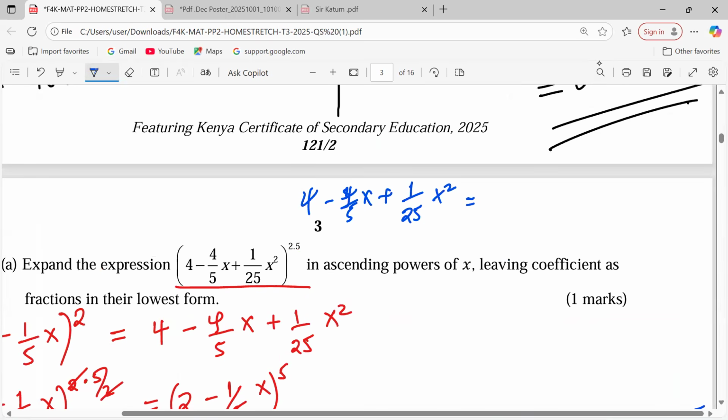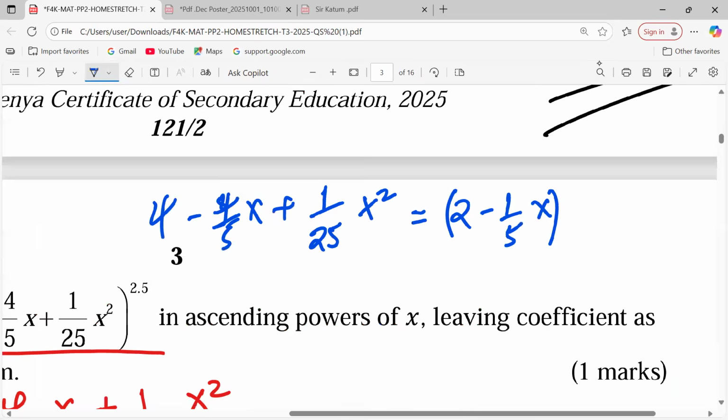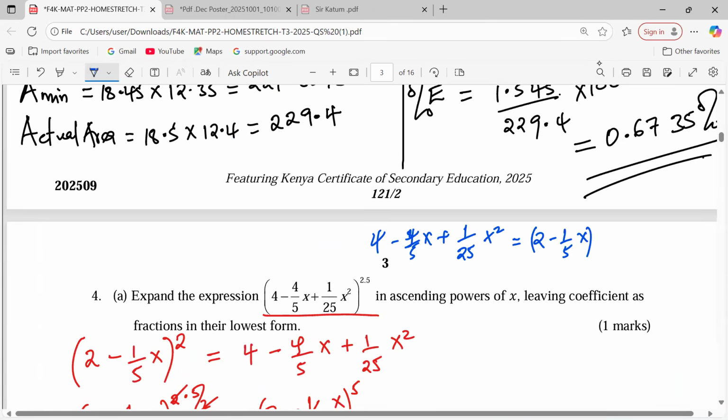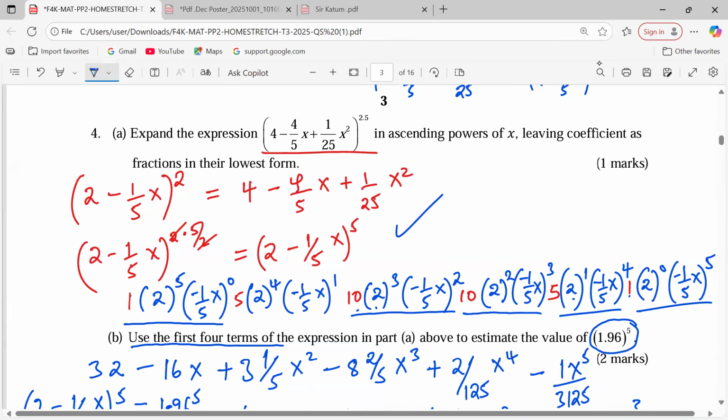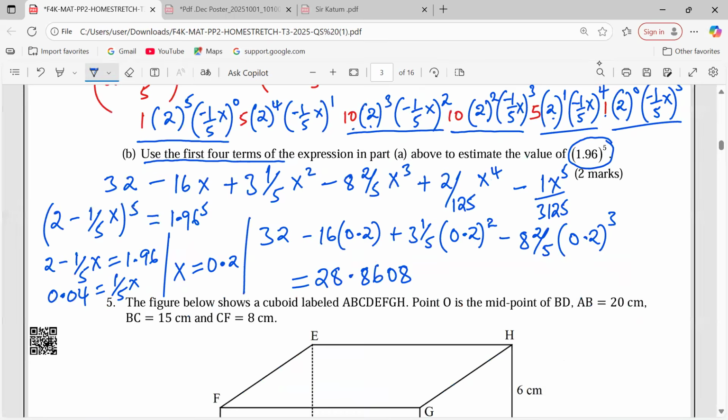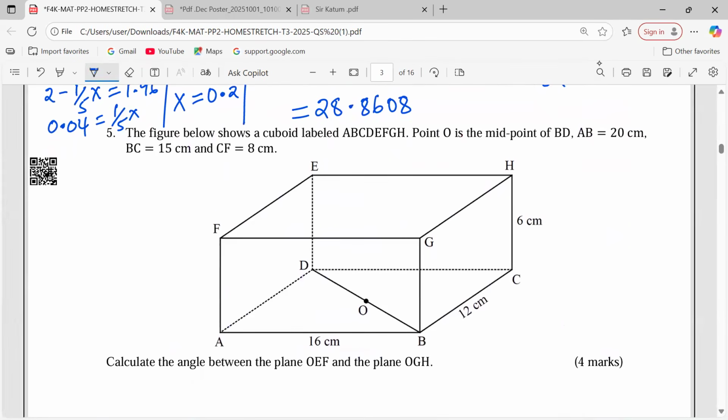When you expand this, you get the same as 2 minus 1 over 5x squared, because it's a difference of 2 squares squared. Then after the squared, we have to multiply it by 5 over 2, because there was an existing power of 5 over 2. Then the expression is now under power 5 that way. And you proceed as an ordinary binomial expansion, a very technical bit.